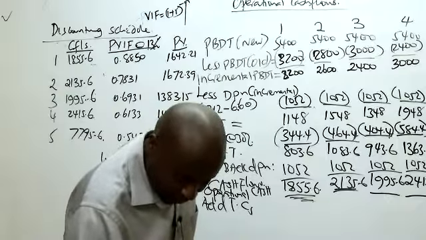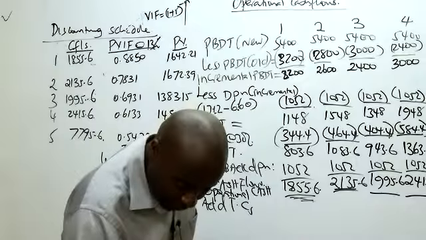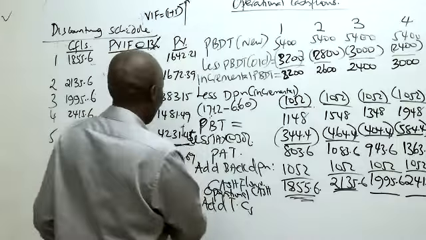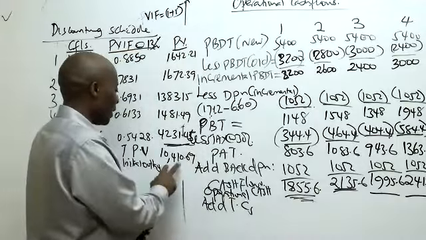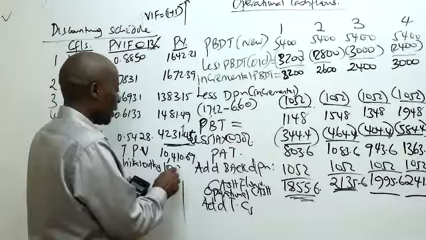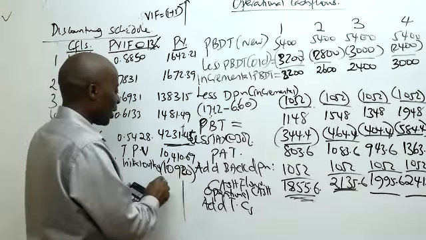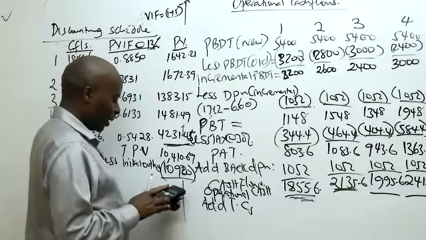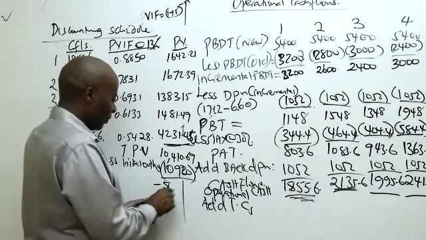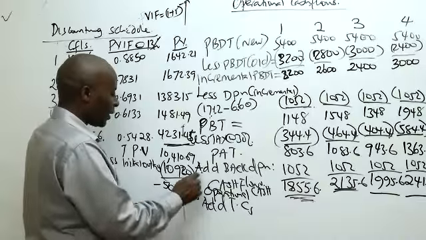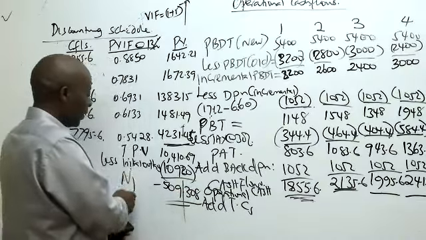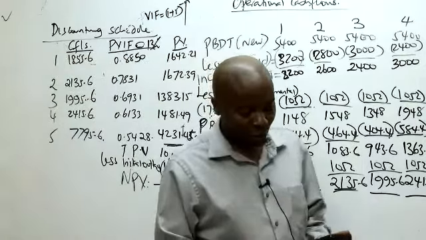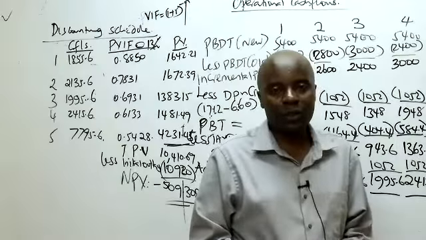The initial outlay was quite a huge figure. It was 10,920. We subtract it, so we have minus 10,920, which gives us minus 509.308 net present value. Meaning that this project is not viable. Do not replace.